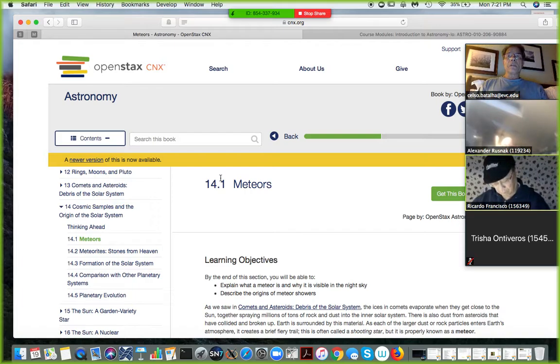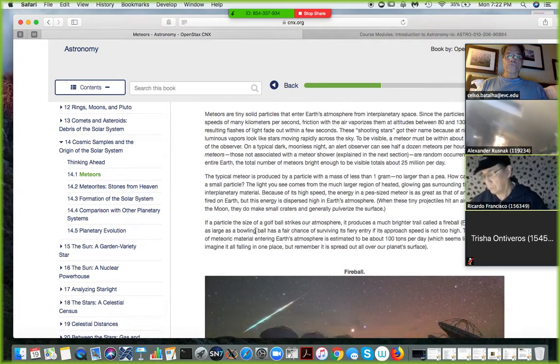Sometimes the amount of mass and pressure becomes so intense that the particle itself can explode in the atmosphere, can create some explosion there.